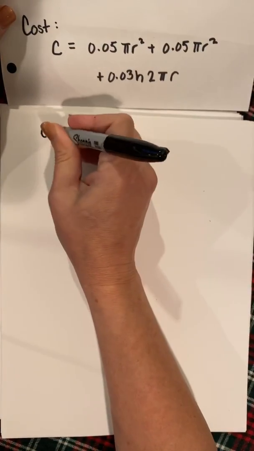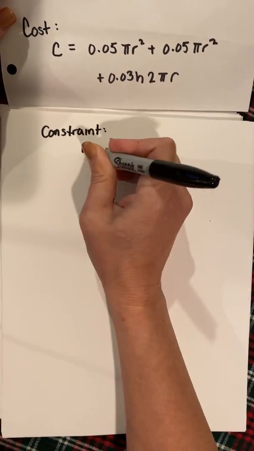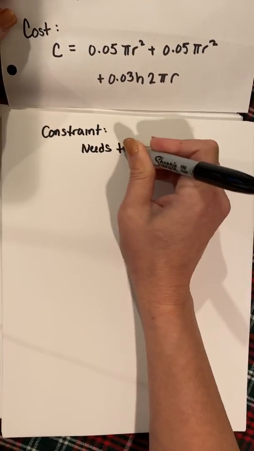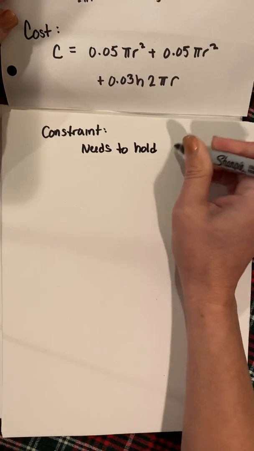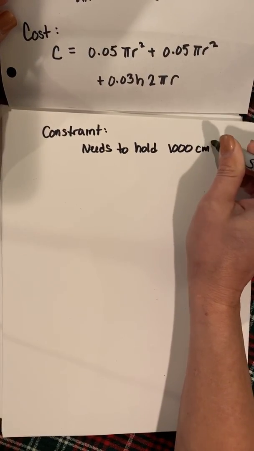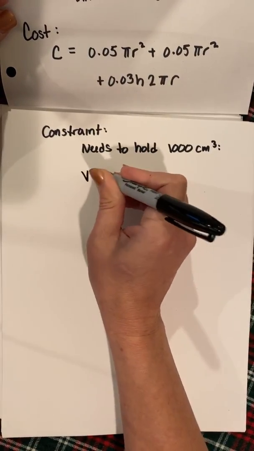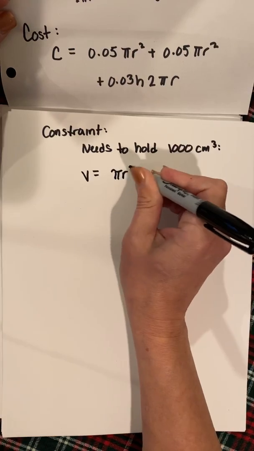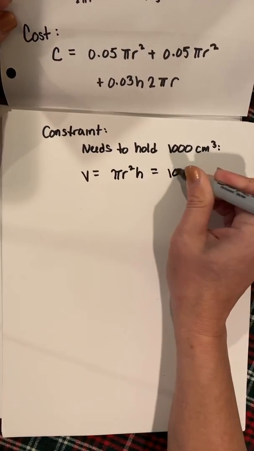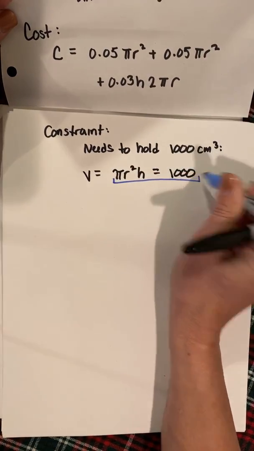Here's the cost, but our constraint is that it needs to hold 1,000 cubic centimeters. In other words, the volume, pi r squared times the height, has to equal 1,000.